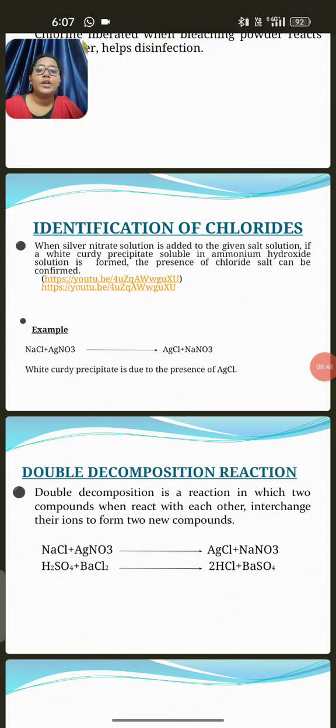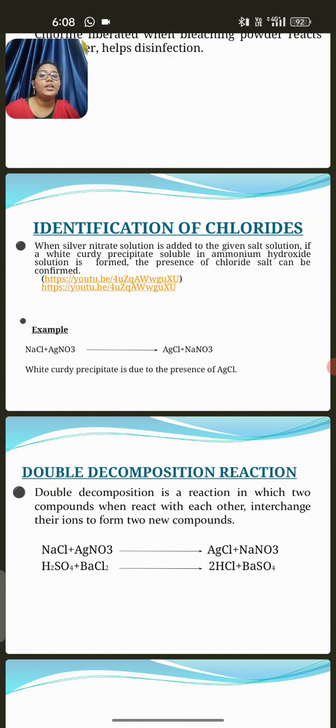So, what we saw in the video: when silver nitrate solution is added to the salt solution, we get a white curdy precipitate. This white curdy precipitate dissolves when we add ammonium hydroxide to it. The equation for the identification of sodium chloride solution is given below. The equation is NaCl plus AgNO3 gives AgCl plus NaNO3.